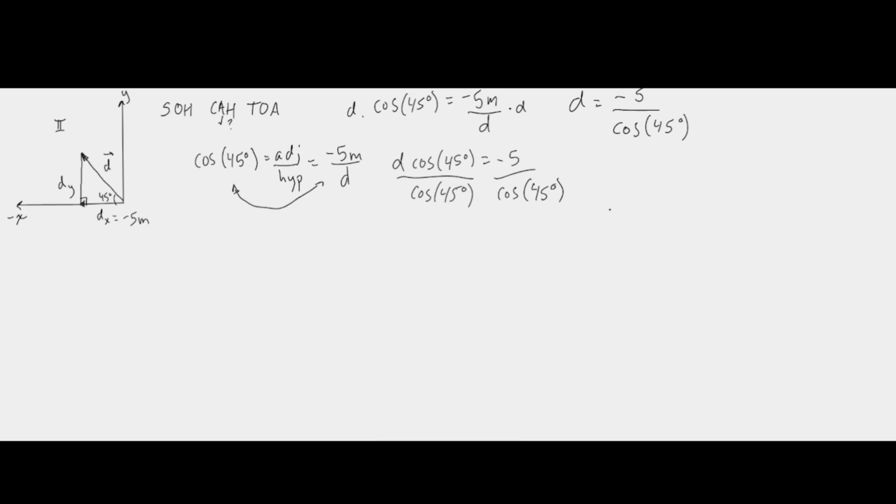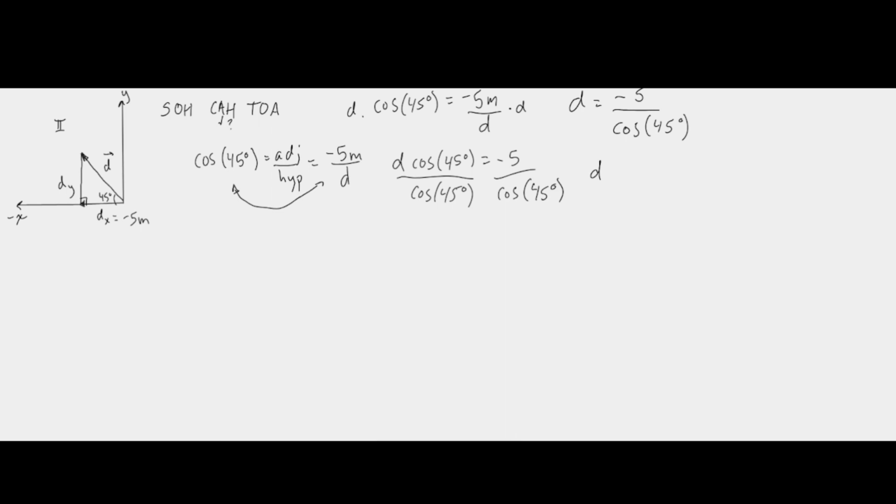So d then, I need to put this in my calculator. And be sure that you are in degree mode, not radian mode. And it's -5 divided by the cosine of 45 degrees.